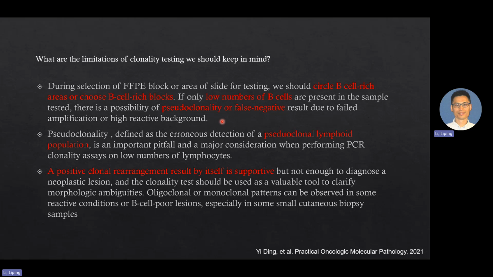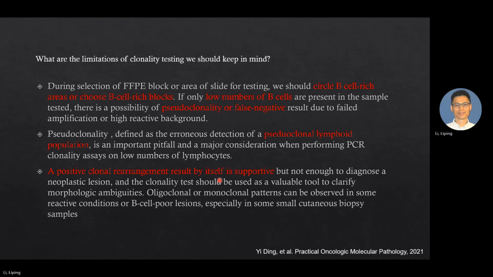To increase sensitivity and specificity, we can circle the area where we want to perform the clonal test. We also need to bear in mind that a positive clonal rearrangement is just supportive, because even in some infections, like Lyme disease or others, there may also be clonal proliferation.